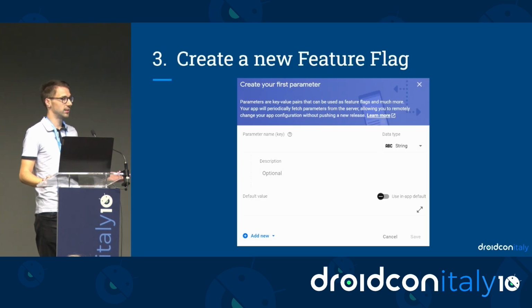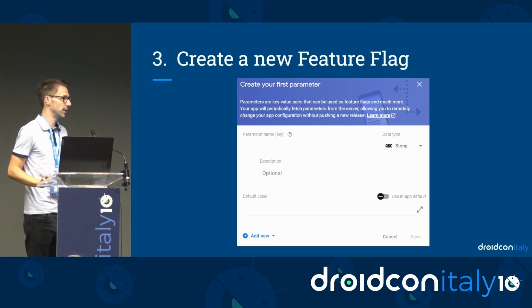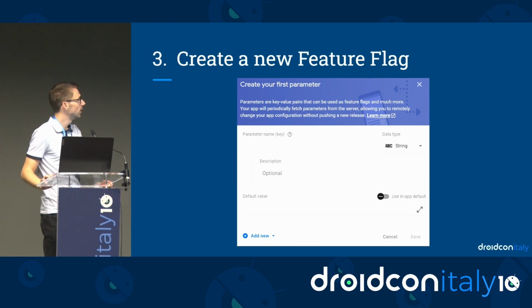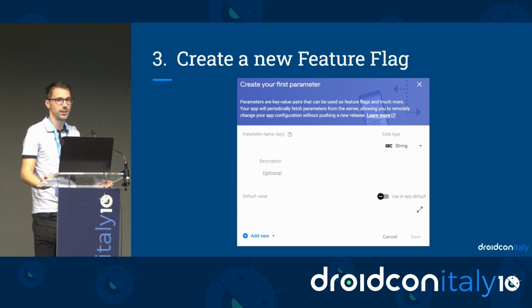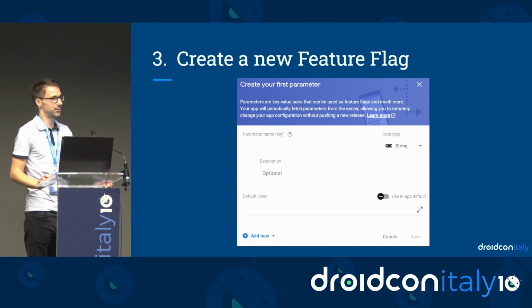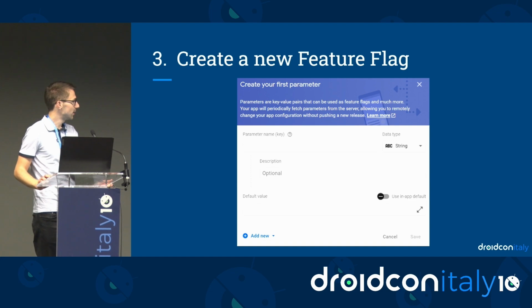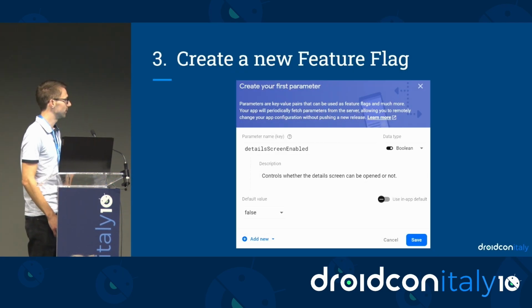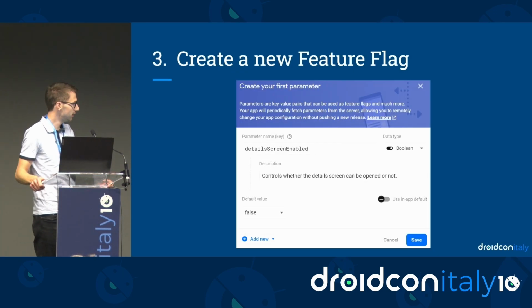If you open the Firebase Remote Config console on the web, it will ask you to create your first parameter. A parameter is what Firebase calls feature flags, basically. It's just some variable whose values you can change. By default, the data type is string, but we want a Boolean type because we want a feature flag.